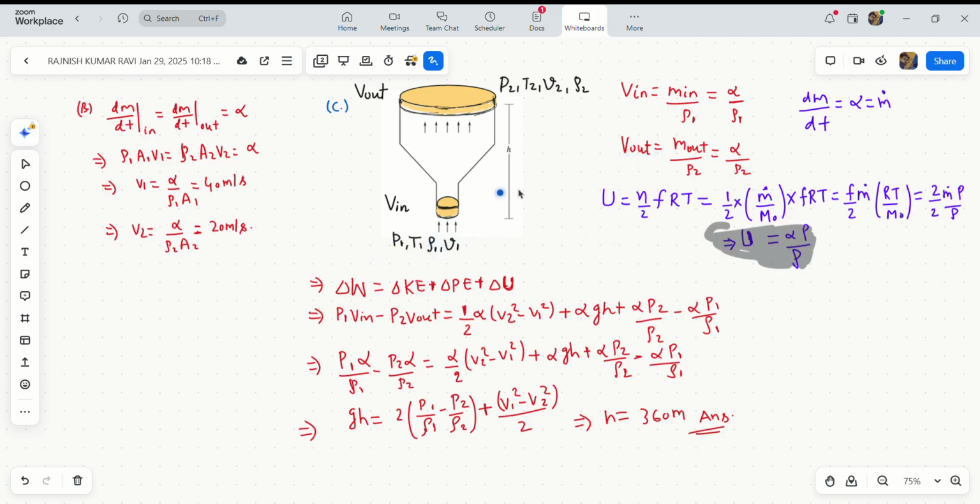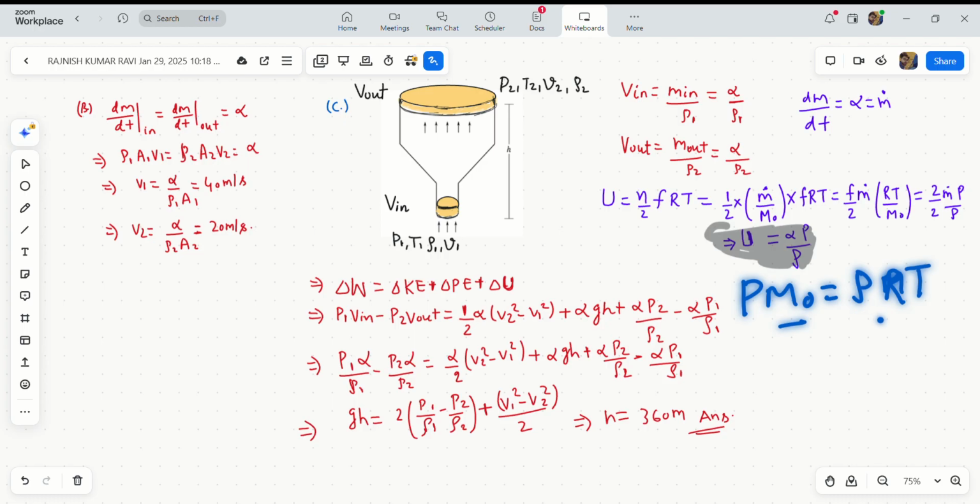Now since it is an ideal gas, we can write internal energy as n by 2 into f RT. Now we can write the number of moles as mass by molar mass. So for the mass entering, it is m dot by m naught into f RT. Now we can write RT by m naught together, since we know P m naught is rho RT.